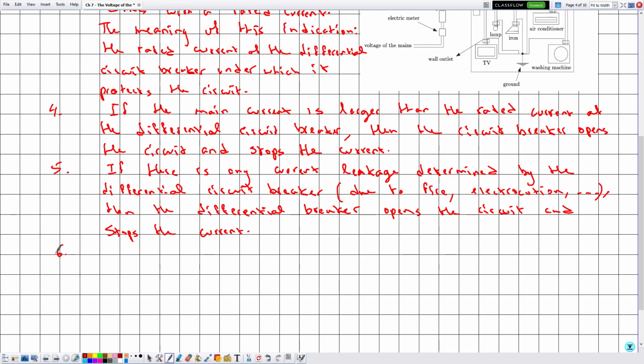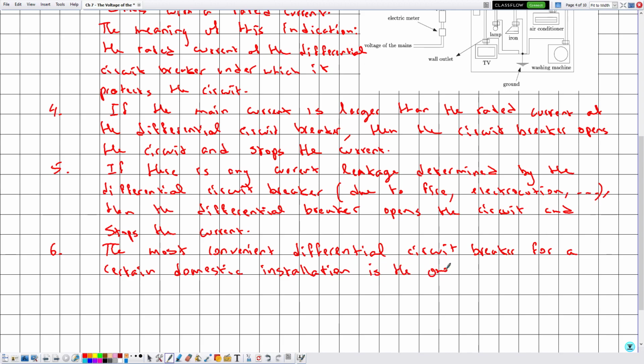Now as for idea number 6, which is related to the most convenient differential circuit breaker for a certain domestic installation, it is the one having rated current slightly greater than the main current.